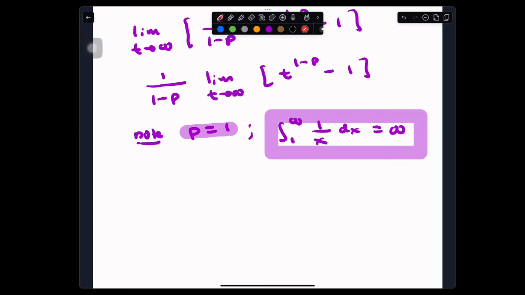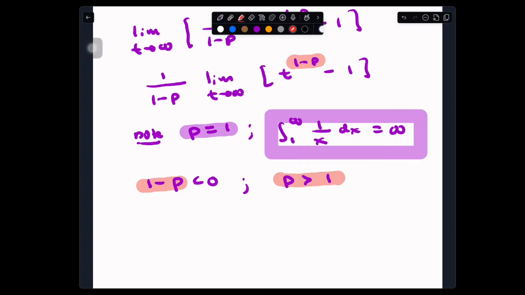So the second part we want to talk about is what happens when 1 minus p, this power, is negative. Now this is what we're saying here. What happens when that's actually negative here, which means if we solve for p, p is really bigger than 1.